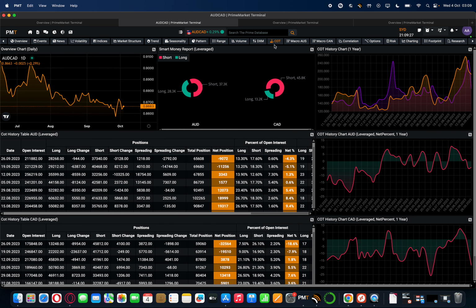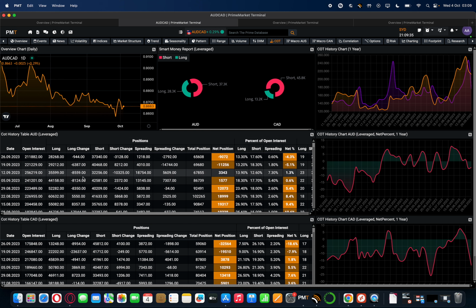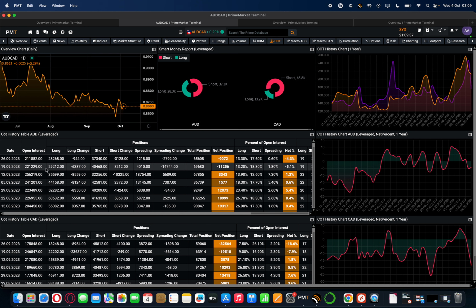All right, so this COT, which is the commitment of traders, is basically what the banks are doing. And you can see we have the open interest of each currency. You can see the AUD leverage open interest, and we have the CAD leverage open interest, and it's usually released every Tuesday, sometimes on weekends, where you can read the net long and net short position of each financial institution.